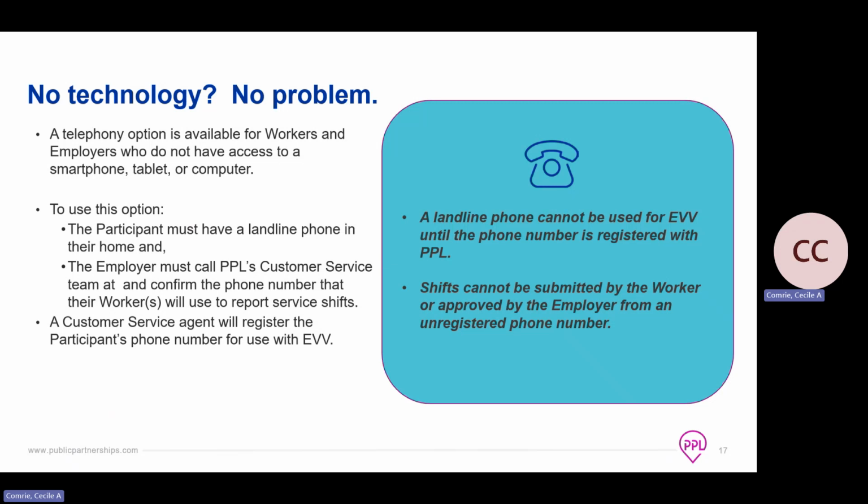As I mentioned, if you do not have access to a smart device, you can also use your landline, that telephony option, where you register the line with our customer service agent, so that you can still use it to clock in and clock out. And once you call customer service and you register that line, they'll give you further instruction as to exactly what that looks like, what number to call in order for you to be able to do those perfect shifts.